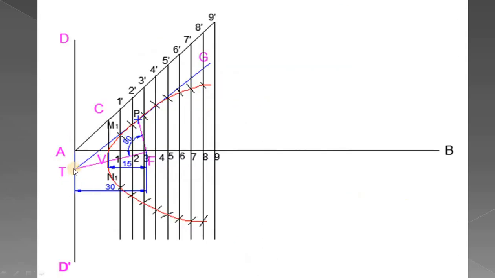Then join TP, provided it flows smoothly over the curve, that is the parabola. Then extend that line to some extent. The ending point can be marked as G. So TG will be a tangent to the parabola. You must be very careful while drawing this tangent; it should flow smoothly over the curve.